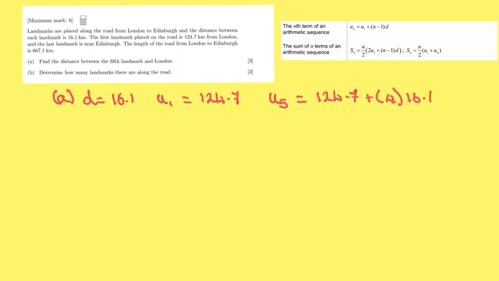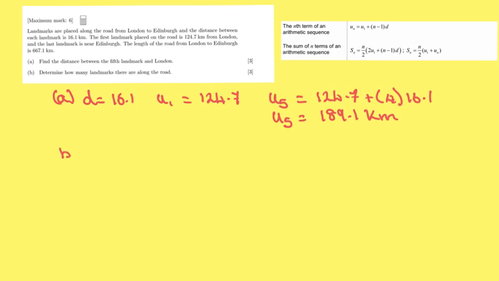Because the landmarks are evenly spaced, we have an arithmetic sequence. d is equal to 16.1 and u1 is equal to 124.7. We want to find u5, which is equal to u1, which is 124.7, plus n minus 1 is 4, times 16.1 is 189.1 kilometres.